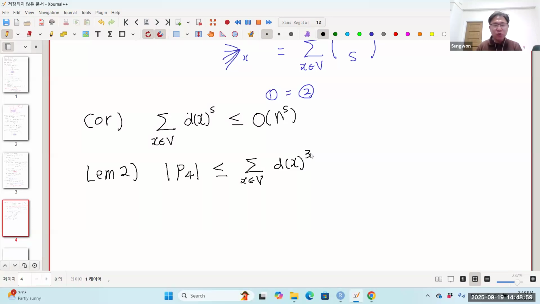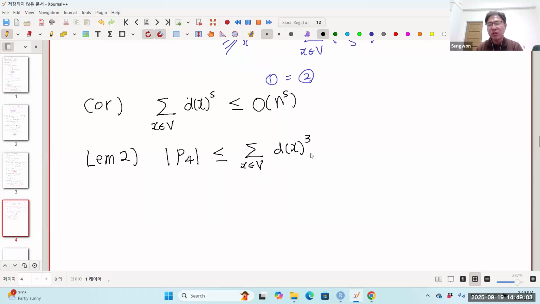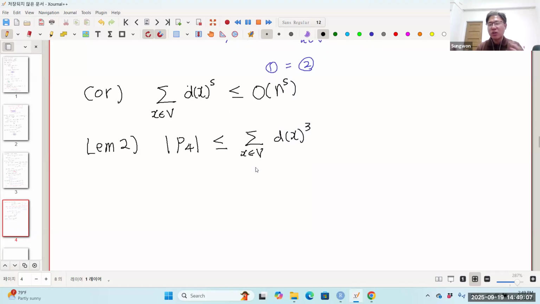And you can show that using the graphical representation, and then you count every single P4 from each thing. There are a lot of technical details that I should write down, but I'm skipping here. So I'm using these two things as the tool.